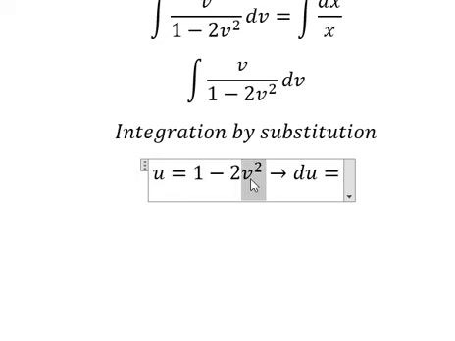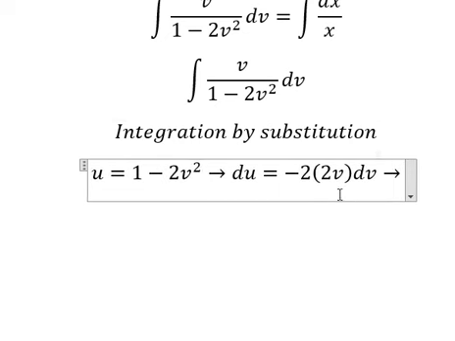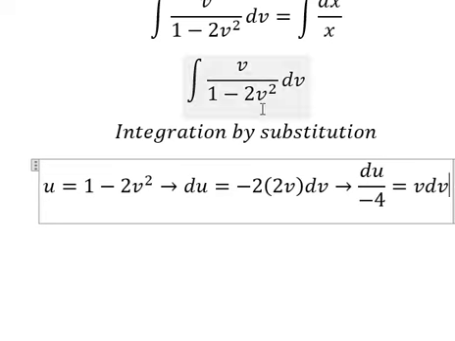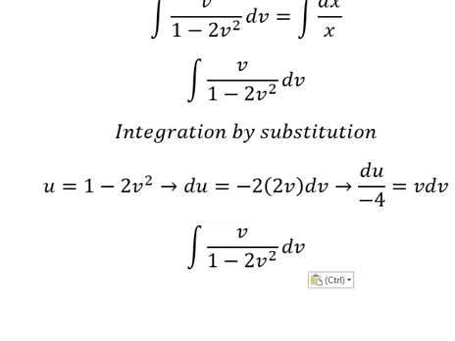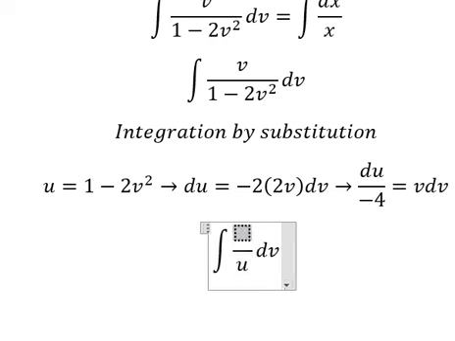This one we have 2v. Because we don't have negative number 4, we need to divide both sides by negative number 4. This one we change by u. V dv we change by du over negative number 4.